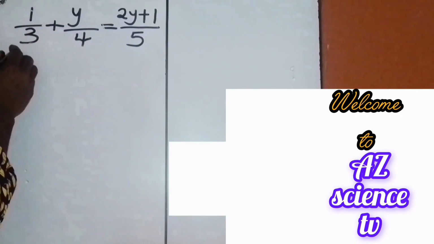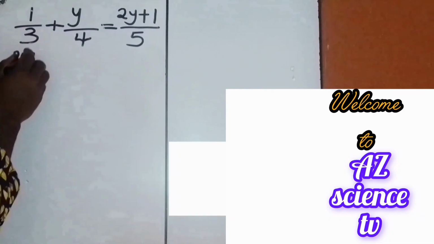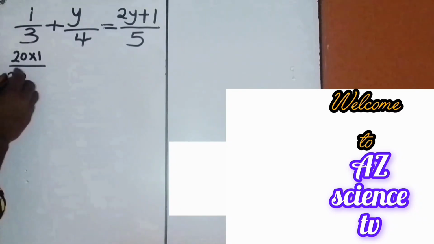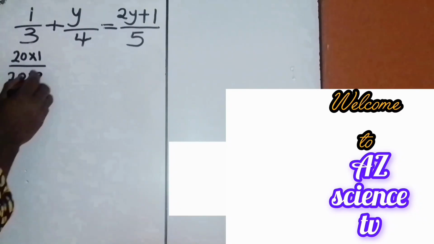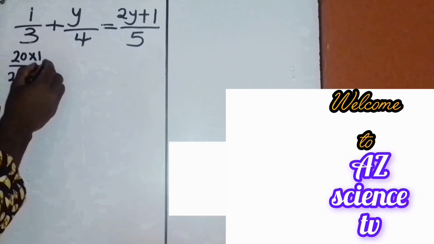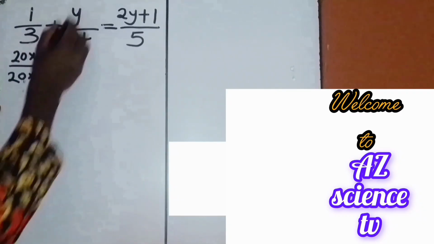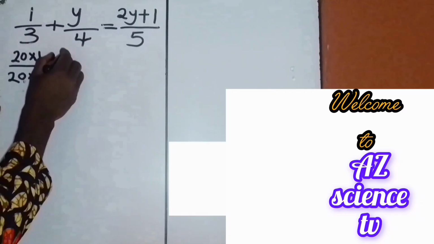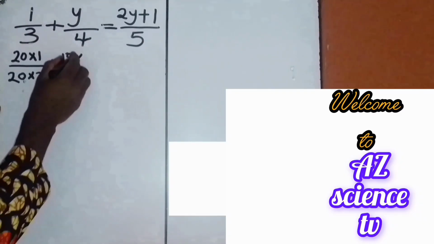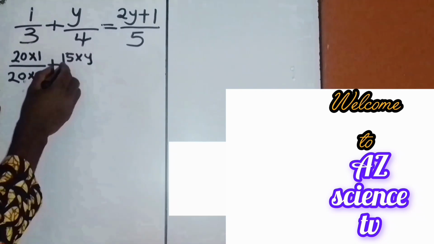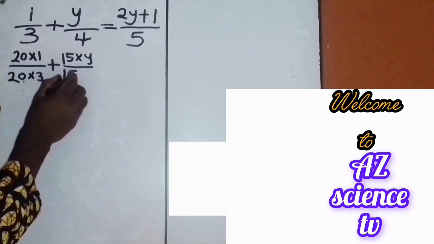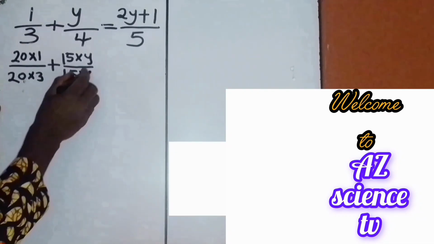We are going to have 20 times 1 up there over 20 times 3 below. Then the second fraction is 15 up and down, so that's 15 times y divided by 15 times 4.